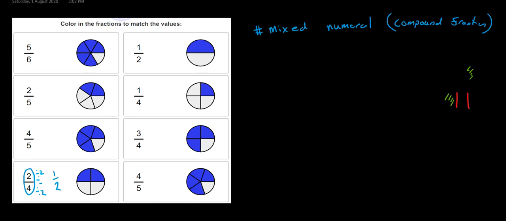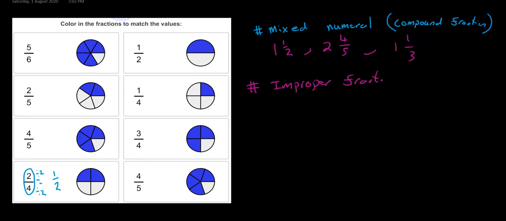So a mixed numeral is something which we've just been doing, for example, 1 and 1/2, 2 and 2/5, and 1 and 1/3. There's another called an improper fraction, or sometimes referred to as top heavy.